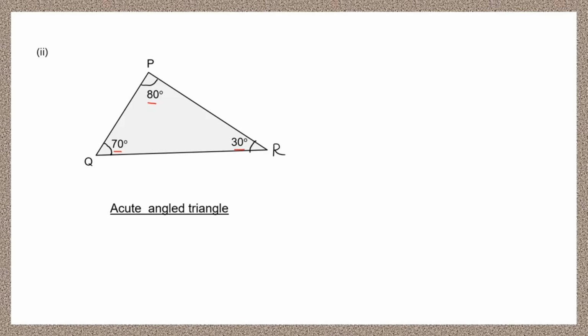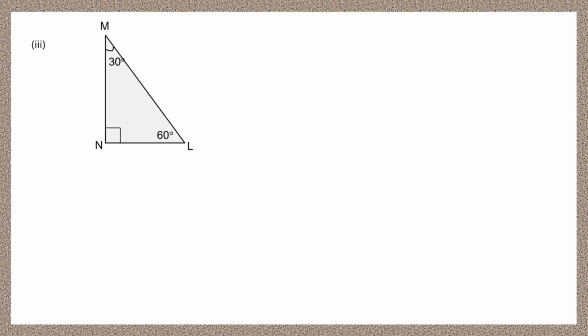The reason is all the angles are acute, less than 90. Third one, we have 30 degrees, 60 degrees and 90 degrees. If one of the angles is 90 degrees, it is a right angle. So this triangle will be called a right angled triangle.